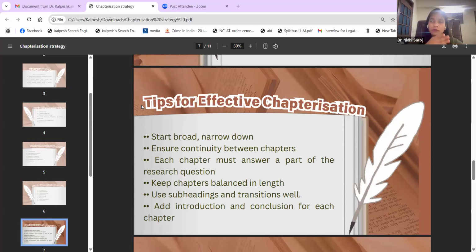Like I told you, my first chapter was the introduction, and the second chapter was on child, society and law. One of my research questions was on the impact of society on the children whose parents are incarcerated, how society treats these children. So this chapter aimed to address this particular research question.